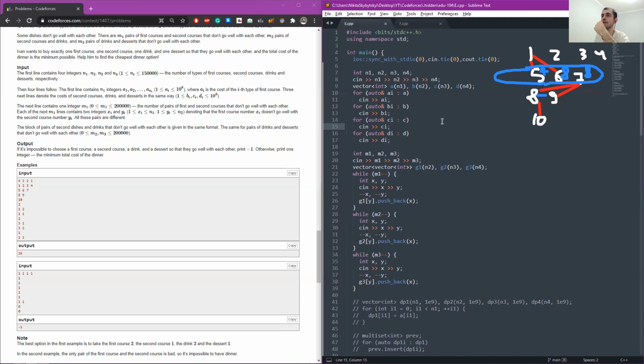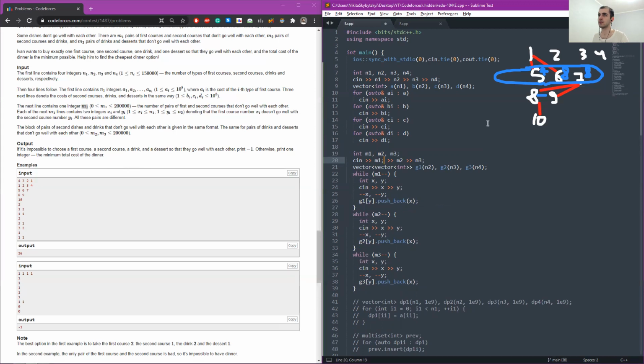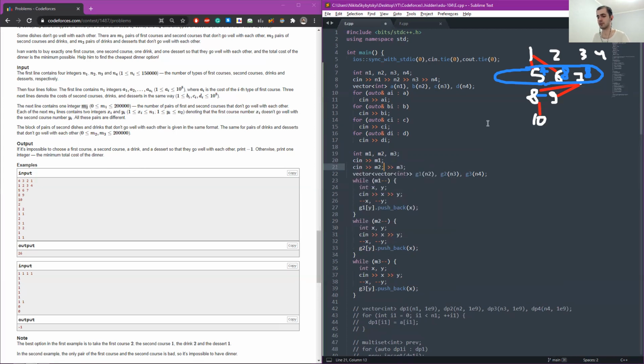Also, these are different. Come on. So you see, here they give all of this on the same line, but then M1, M2, M3 on separate lines. Who are you to do something like this?